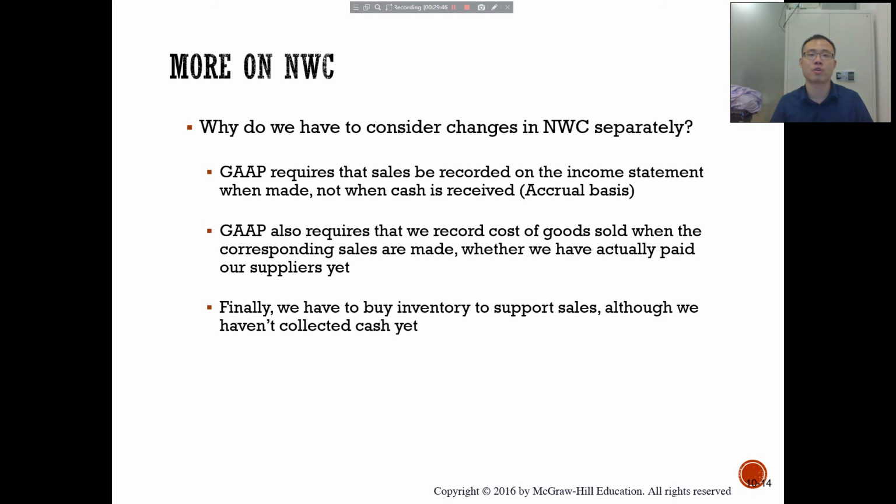I should record all the costs and revenues when I sell the shoes, although the shoe buyers haven't paid me money, and I haven't paid the rubber supplier. There is no cash flow incurred in this whole process, but GAAP requires that we record that the business has happened. Finally, we have to buy inventory to support sales, although we haven't collected cash yet.